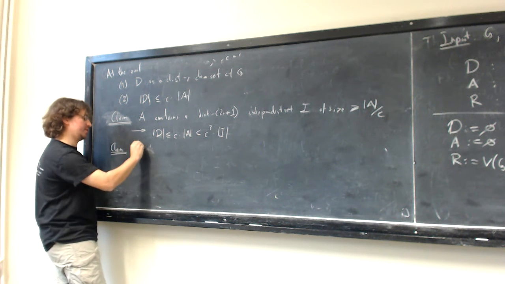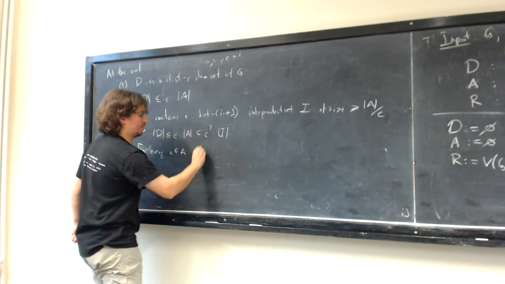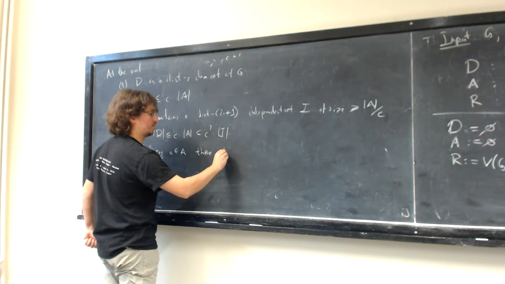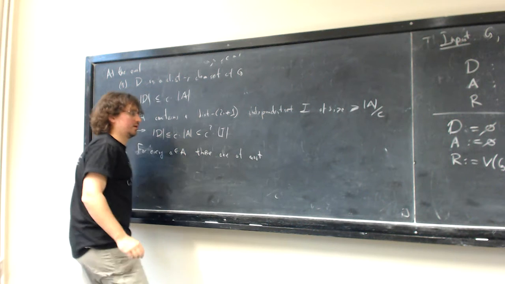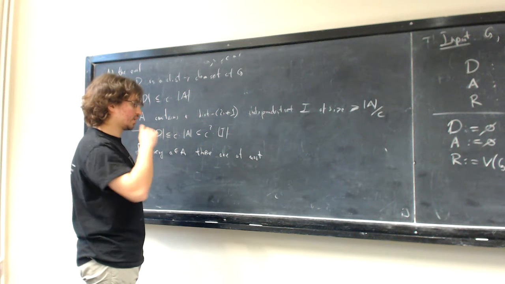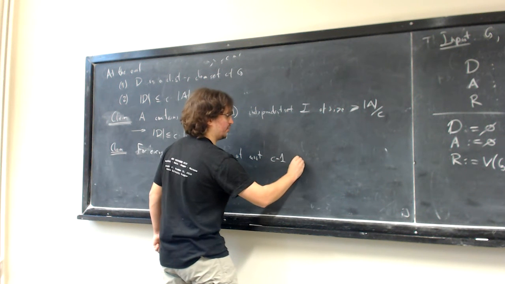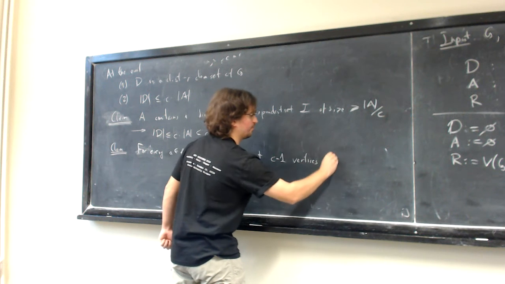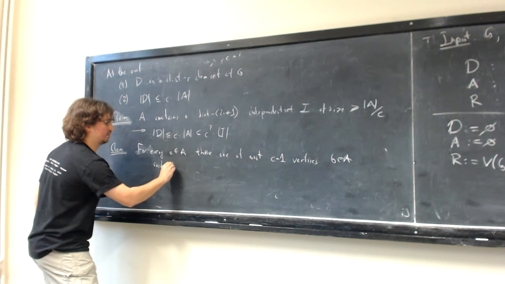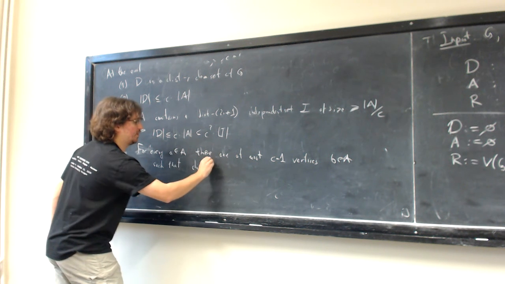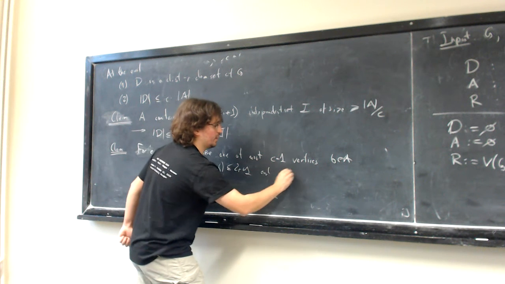For every vertex A from A, there are at most C minus 1 vertices B from A such that the distance between A and B is at most 2R plus 1, and this B is before A in sigma.